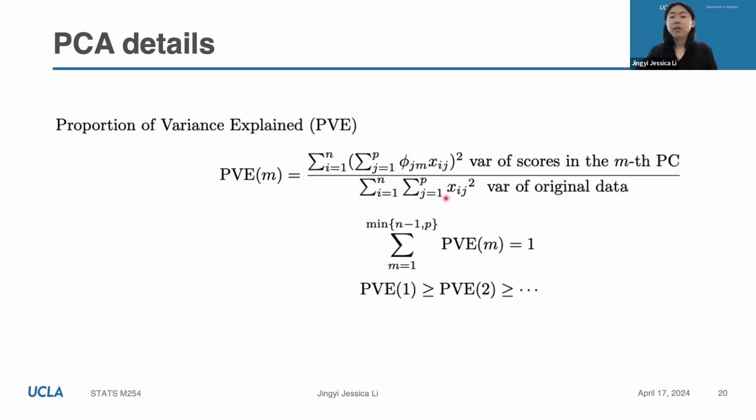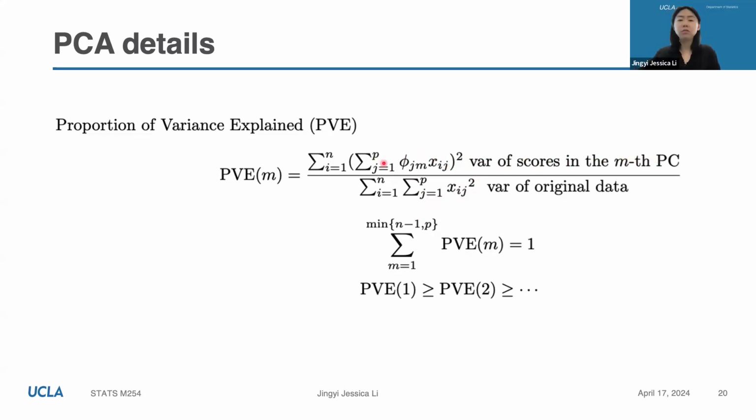What we did is that we take each feature j, we take x_ij squared, sum in that feature j, and then we take the sum across all features. That's the total variance. And the numerator is the variance of the scores in the mth PC.